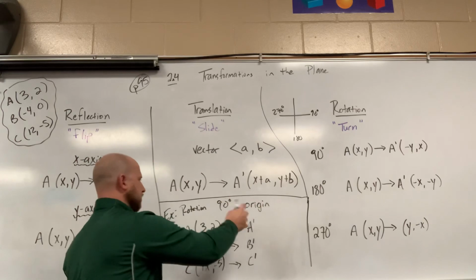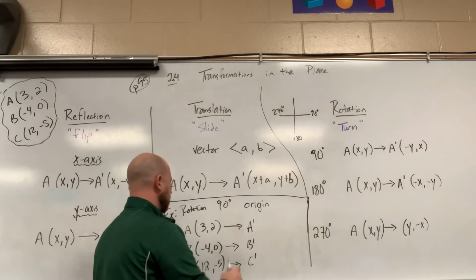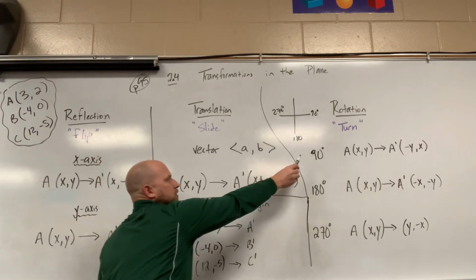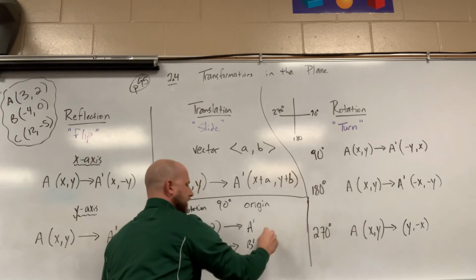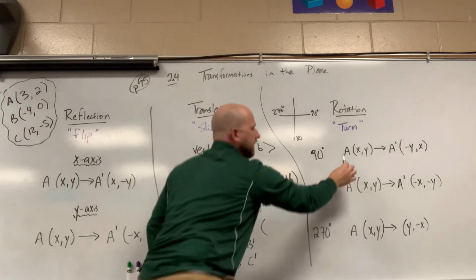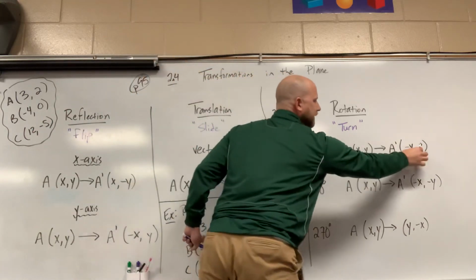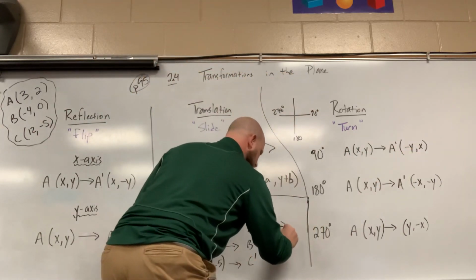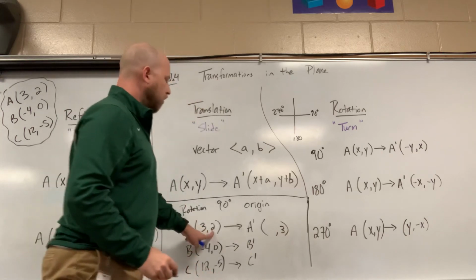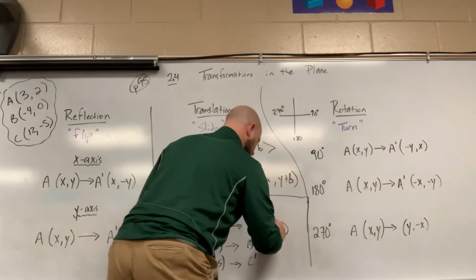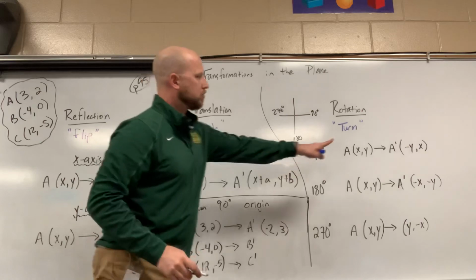That's how it would say it, about the origin. So again, we're looking at this formula. Our x, which happens to be the 3, goes to the end, so it's going to be back here. And then my y, which is the 2, goes in the front. And then it says to change the sign.